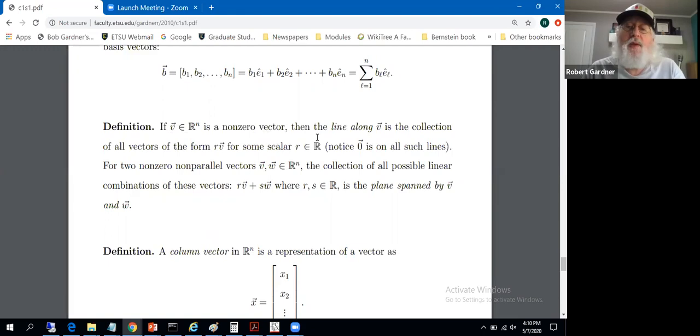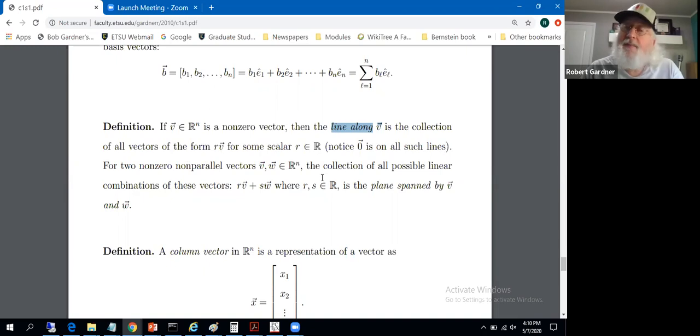The line along vector v is the collection of all vectors of the form r times v, where r is some scalar. If that scalar is 0, we get the zero vector, so the zero vector lies on all such lines. All scalar multiples of a single vector is called the line along vector v.